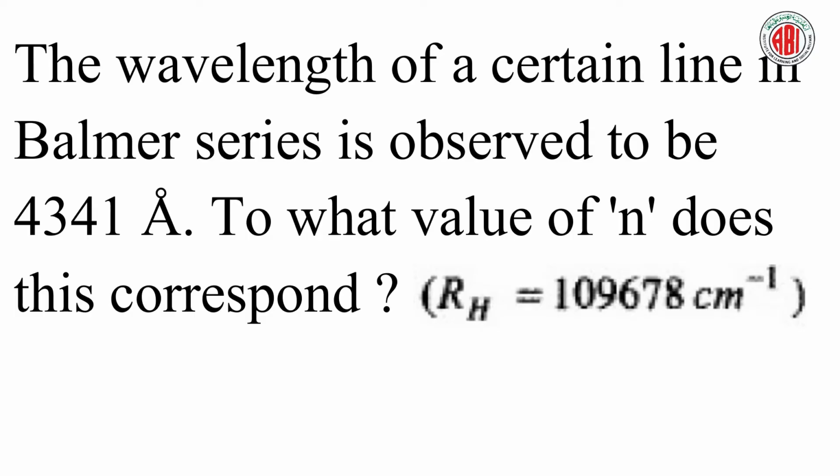Now look at this next question, guys. The wavelength of a certain line in the Balmer series is observed to be 4341 Angstrom. To what value of n does this correspond? Here the Rydberg constant value is given as 109678 per centimeter. Let us see how to solve this problem.